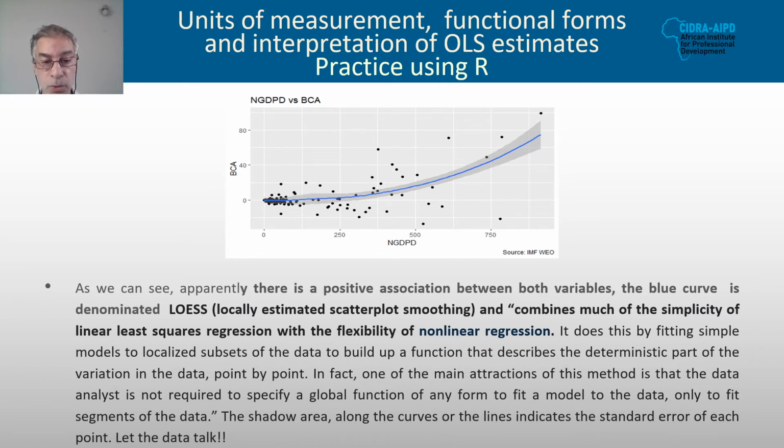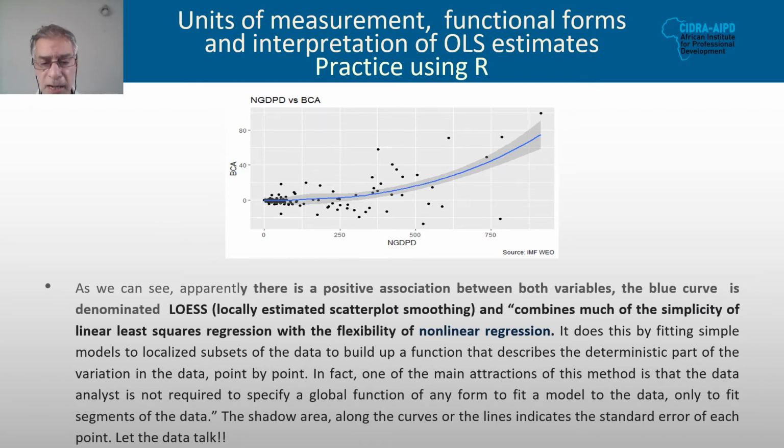We can do locally estimated scatter plot smoothing. That is the curve line that you see in blue, and it's a kind of local mean regression of each of the points, and you connect all these mean regressions and you are going to get that curve in blue that you see in the graph. And this is very instructive.